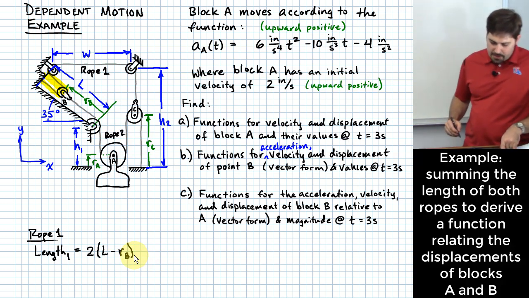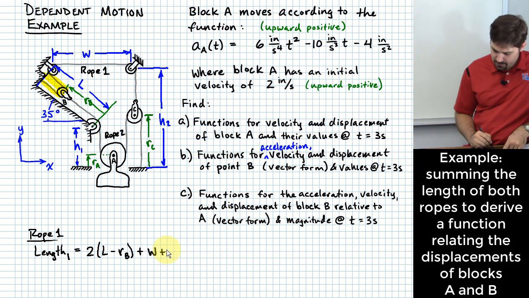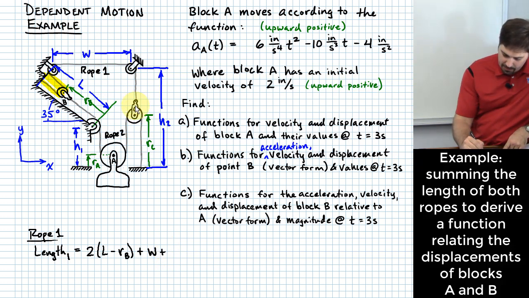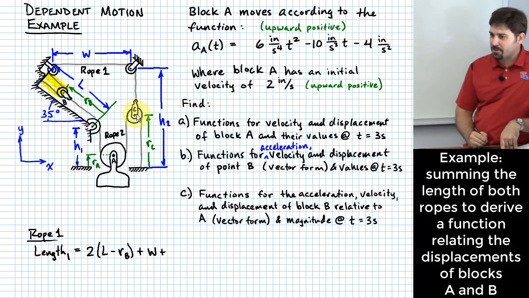All right, what else do I have? Plus W, okay, plus what? And we'll count the length of this little attachment thing C right here as well. We'll count the length of that.